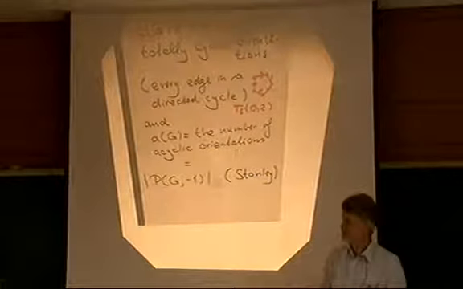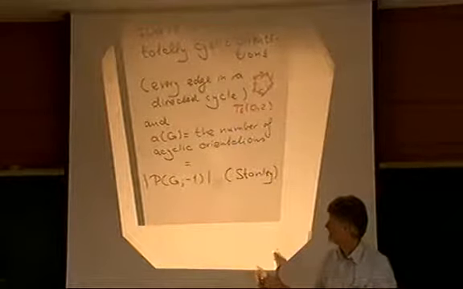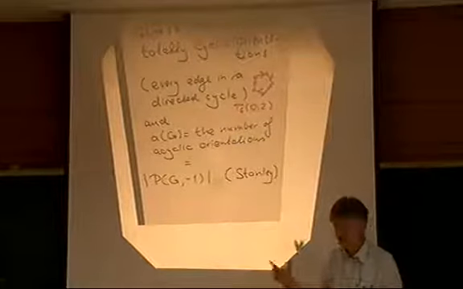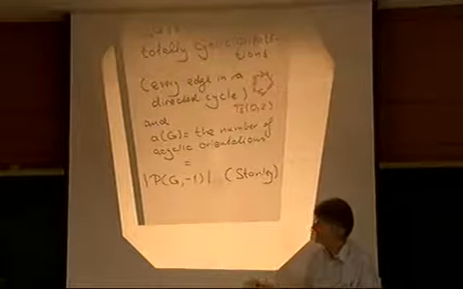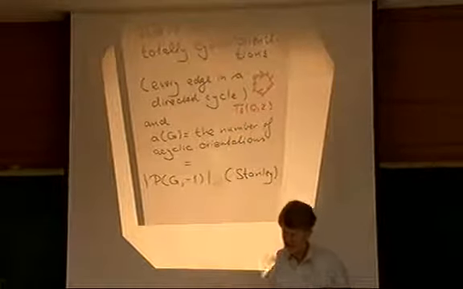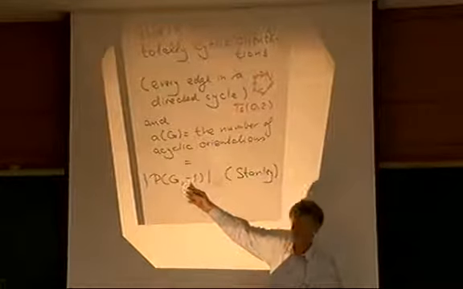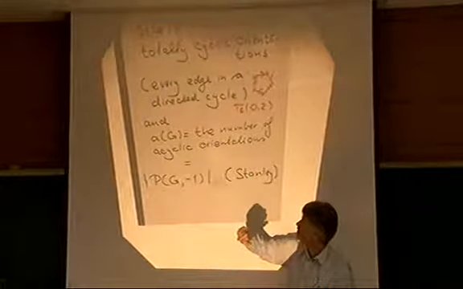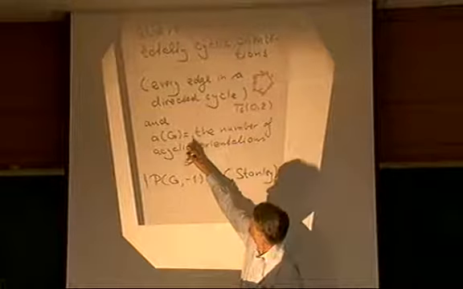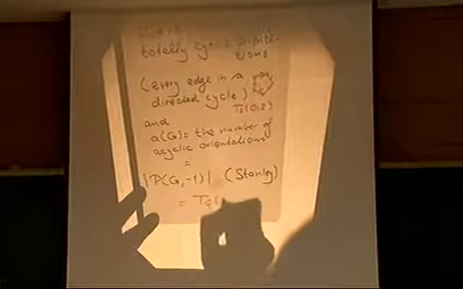The chromatic polynomial counts the number of k-colorings, with k colors where k is a natural number. That turns out to be a polynomial in k. And this means you can also substitute negative numbers. You can't color a graph with a negative number of colors. But nevertheless, this turns out to have a very interesting interpretation. It's the number of acyclic orientations. Another interesting thing, it's the Tutte polynomial evaluated at (2,0).